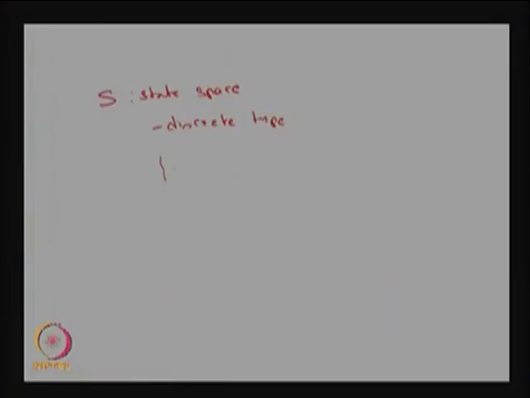Whenever the stochastic process satisfies the Markov property, it is called a Markov process, and whenever the state space is discrete, we call the corresponding stochastic process a Markov chain.